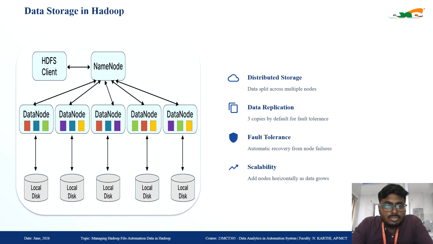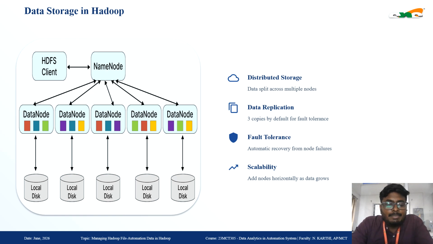And how we can store the data in Hadoop is that we know about HDFS. So let's understand how data is actually stored. When you upload a file, it's split across multiple nodes. This is distributed storage. To ensure reliability, Hadoop creates 3 copies of each data block by default.